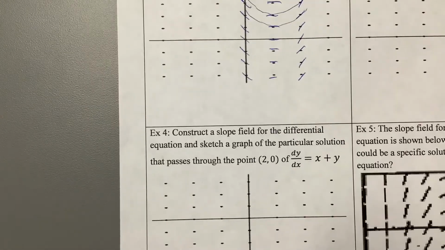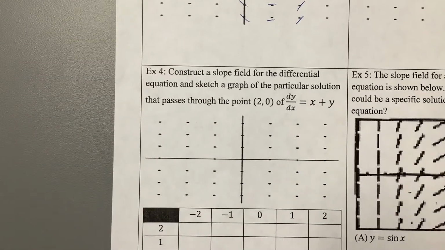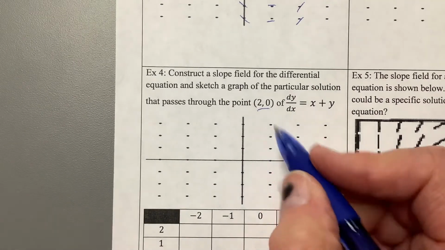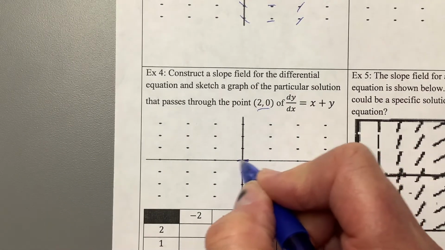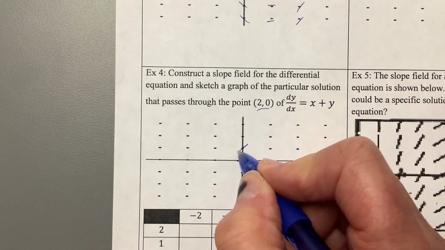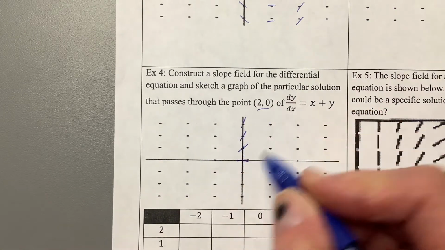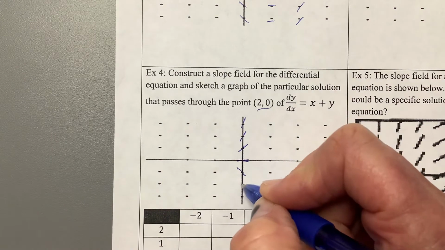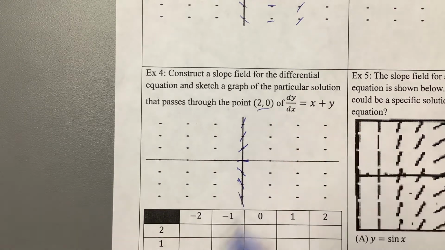Okay? This one asks you to draw it through a specific point. So again, if these are zeros, so 0, 0, I have 0 plus 1, 2, 3. This is -1, -2, -3.